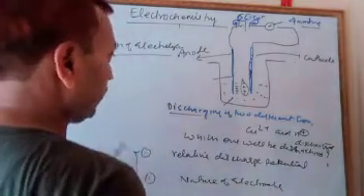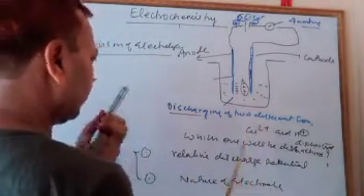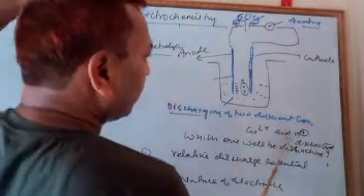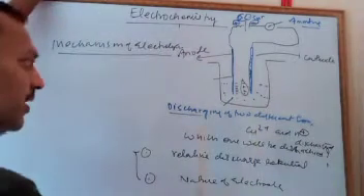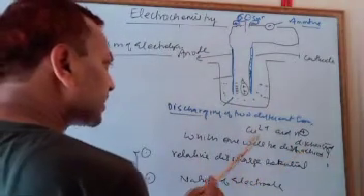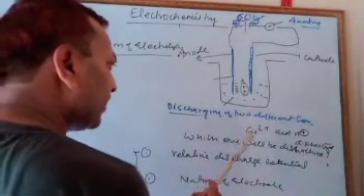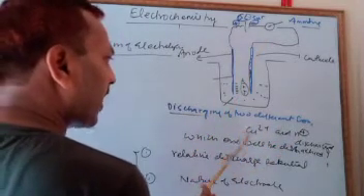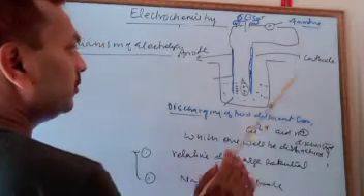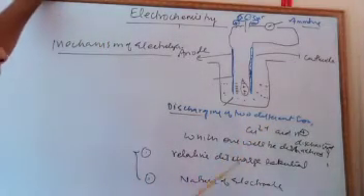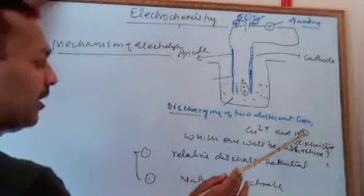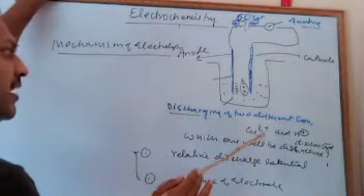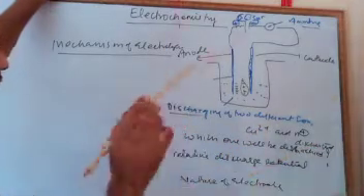Suppose copper has a lower discharge potential and hydrogen has a higher discharge potential. In that situation, the copper ion will discharge in preference to the hydrogen ion. If instead hydrogen has a lower discharge potential than the copper ion, then hydrogen will discharge.